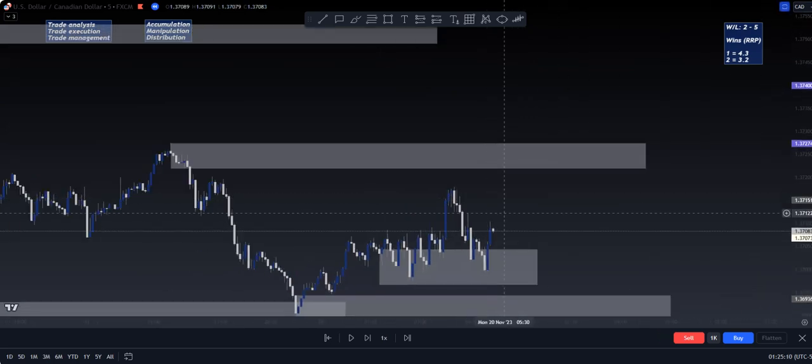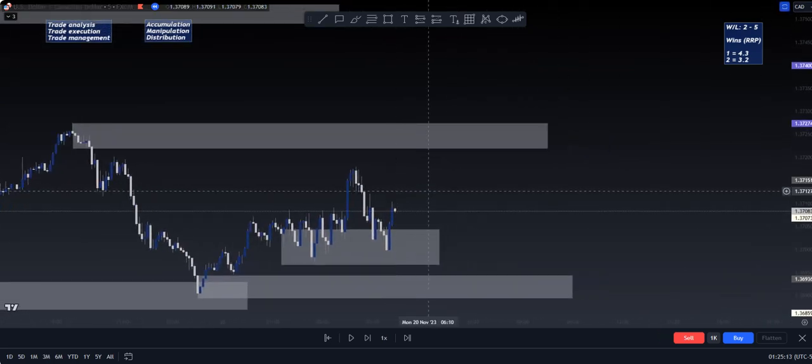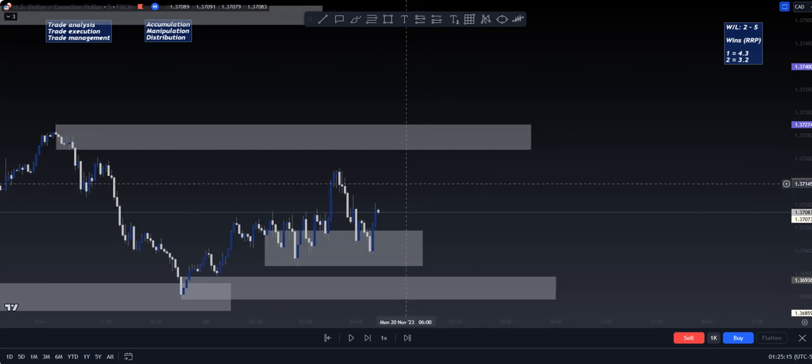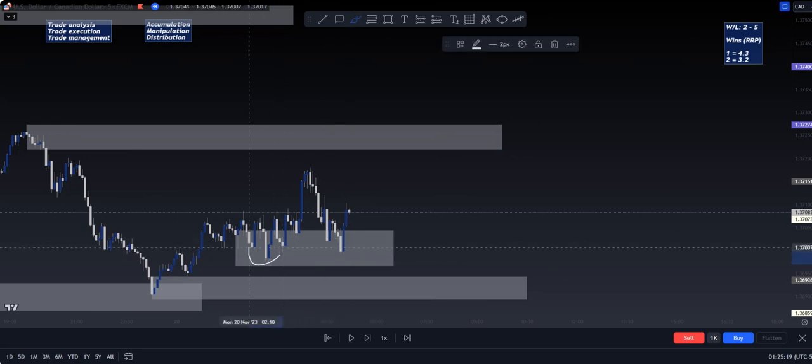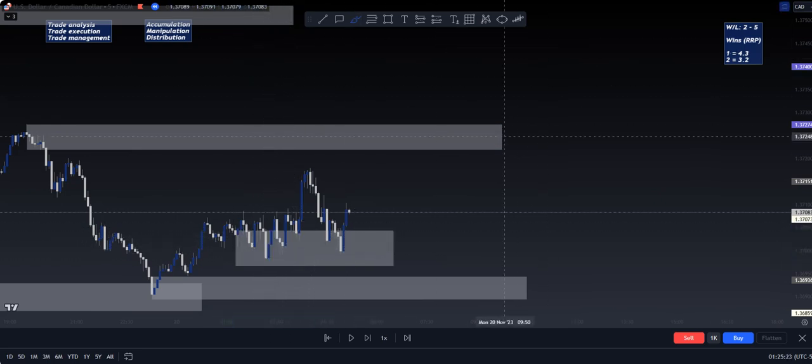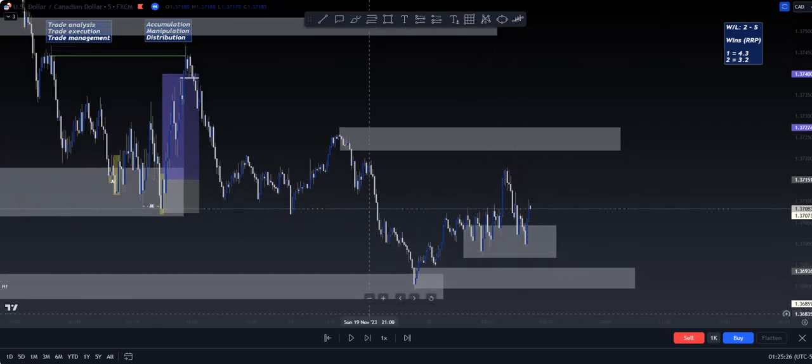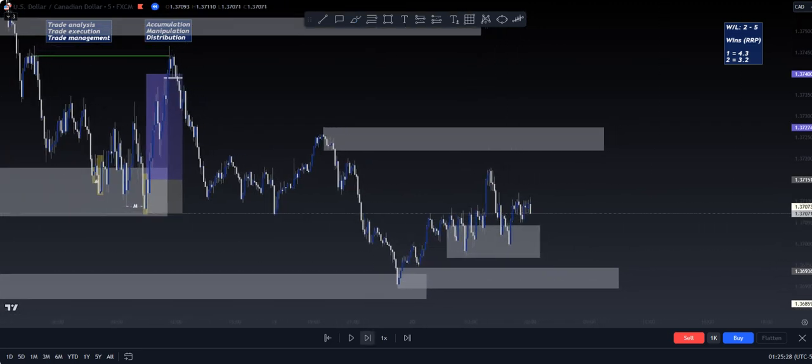But at the same time, you just have to wait and see what the market wants to give you. All right, so what I'm looking at is all of this. This is actually a little bit too bunched up and messy, and I'm gonna pass. I'm not even gonna trade this zone. I'm gonna pass up on it completely.